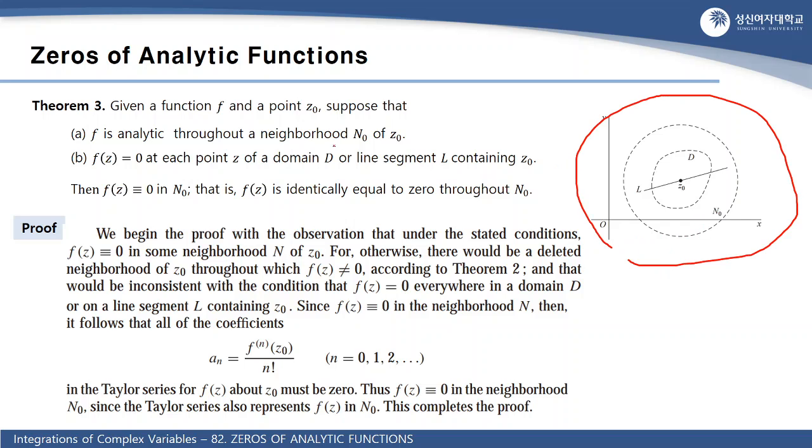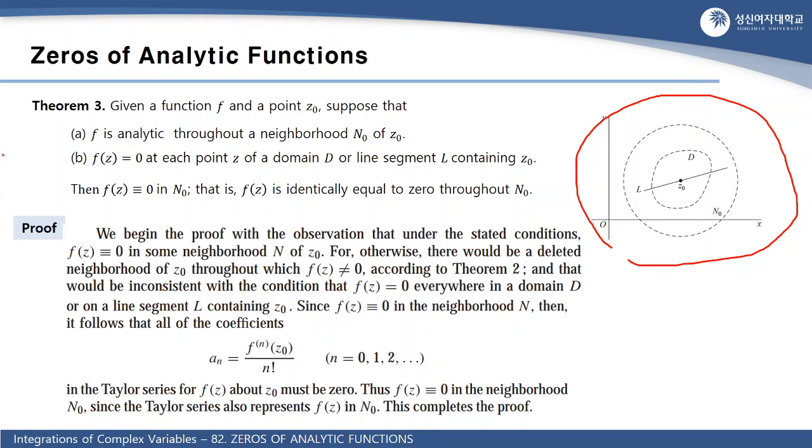Here, N₀ means this area, the interior of the circle centered at z₀ here. (b) f(z) is equal to 0 at each point z of a domain D, or line segment R containing z₀.